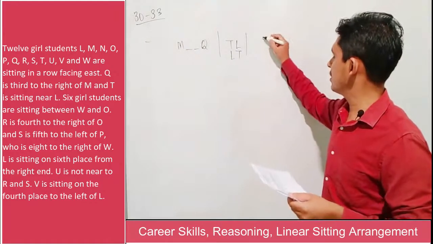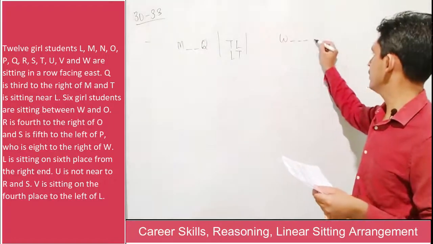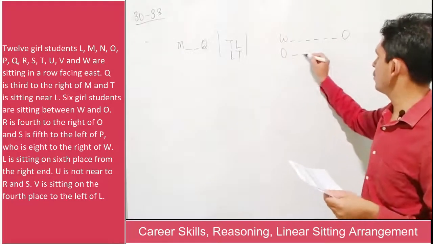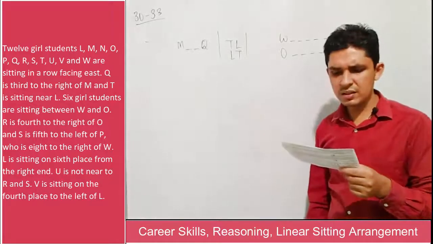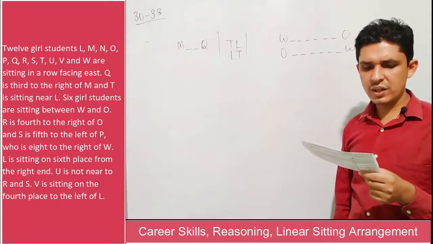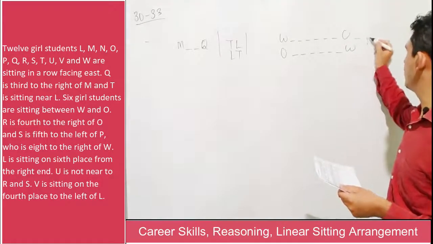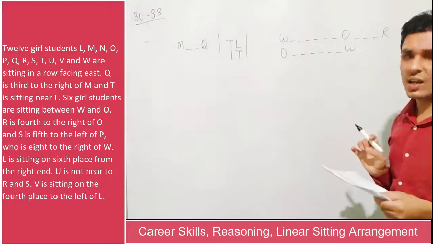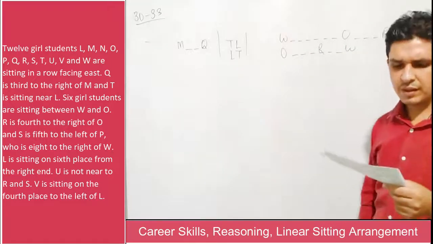6 girl students are sitting between W and O. If we check 6 girl students, so my first arrangement can be W 1 2 3 4 5 6, thereafter O, and either O, 1 2 3 4 5 6 and then W, because he is saying that 6 girl students are there between W and O. Thereafter R is 4 to the right of O. If we check R is 4 to the right of O, so O 1 2 3 and 4th, that means this if we go to the first arrangement, and if we go to the second arrangement 1 2 3 4, R should be here.